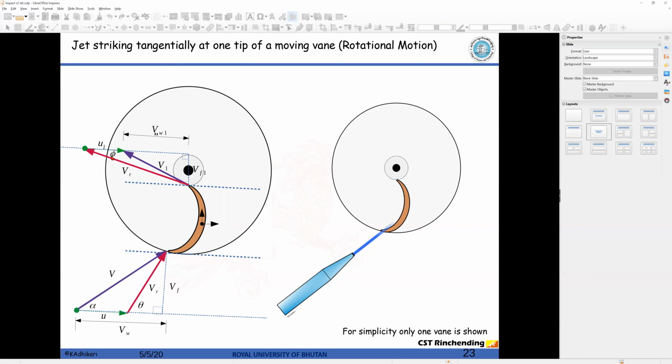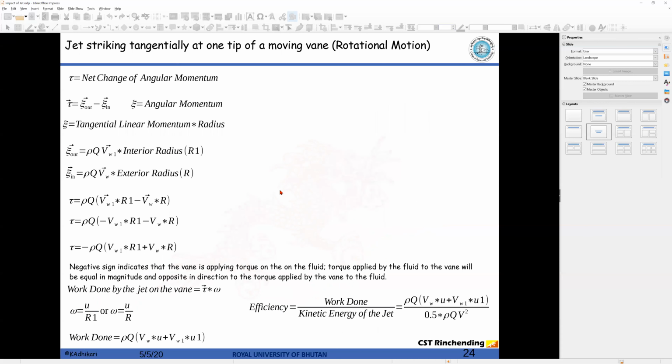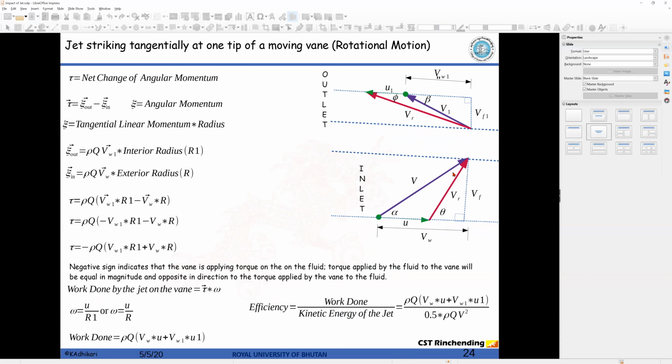Phi is the angle between Vf, the relative velocity at outlet, and the u. To understand it further, I have brought here for reference the inlet and outlet velocity. The tau is the net change of angular momentum. The tau vector is the angular momentum flux going out of the control volume minus the angular momentum coming into the control volume.